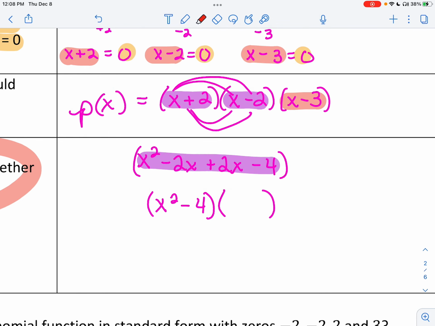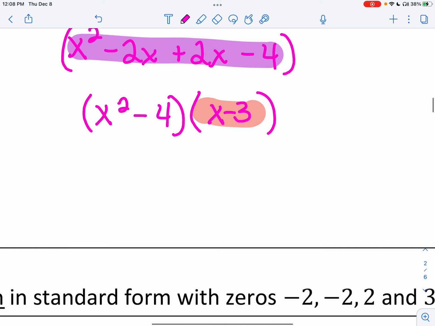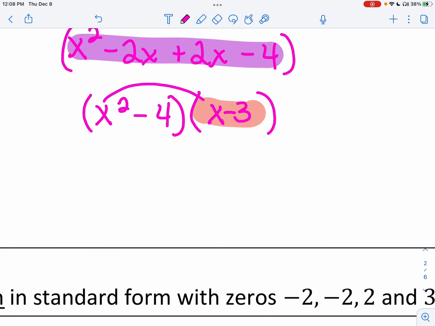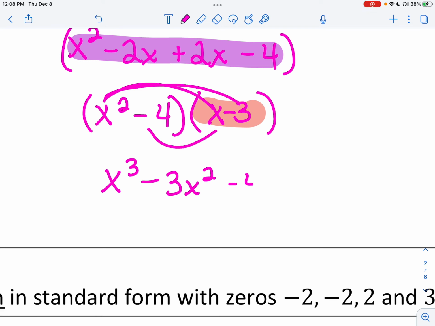Please don't forget that we had the red one, x minus 3. Now I will do, I can stick with the pink, right? x squared times x is x cubed minus 3x squared minus 4x plus 12. And because I don't want to redo my video, I'm just double checking. All right, that looks good to me.